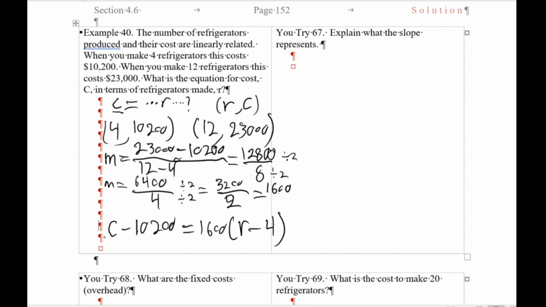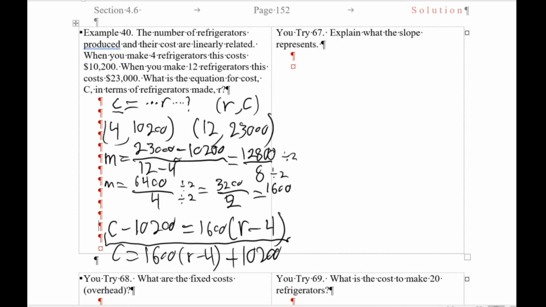Now we have an equation that relates how many refrigerators you make to their cost. But we want to write this in terms of cost, so we'll add this number to both sides. C equals 1,600 times r minus 4, plus 10,200.